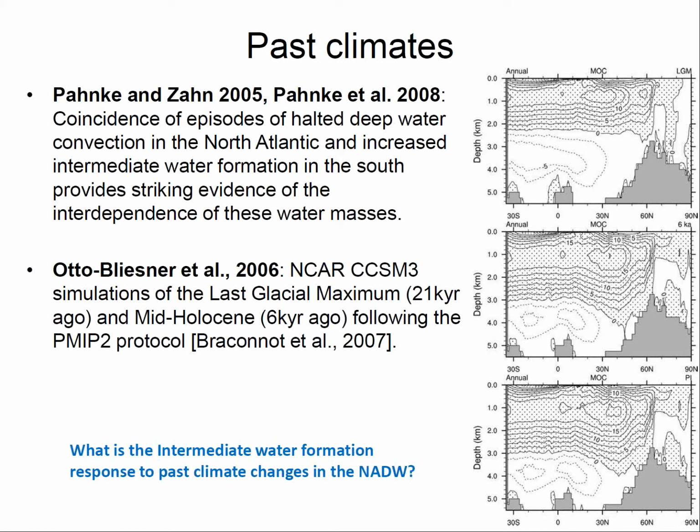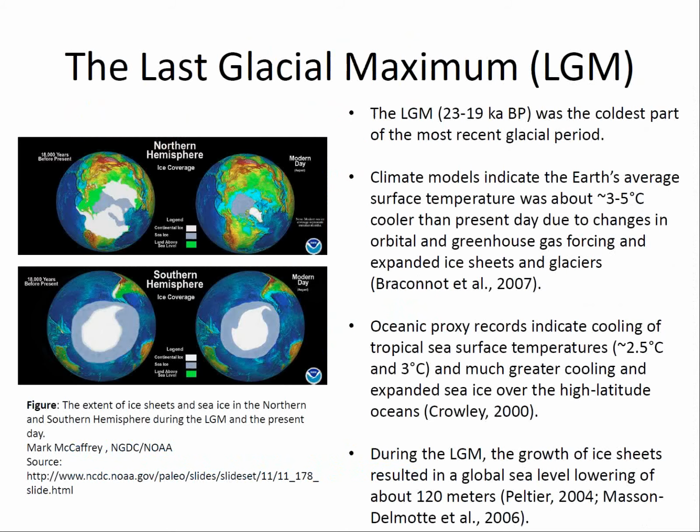So the idea of this work is to try to estimate the formation of this intermediate water in the Southern Ocean for this climate, and see if we can see some changes related to the North Atlantic deep water.